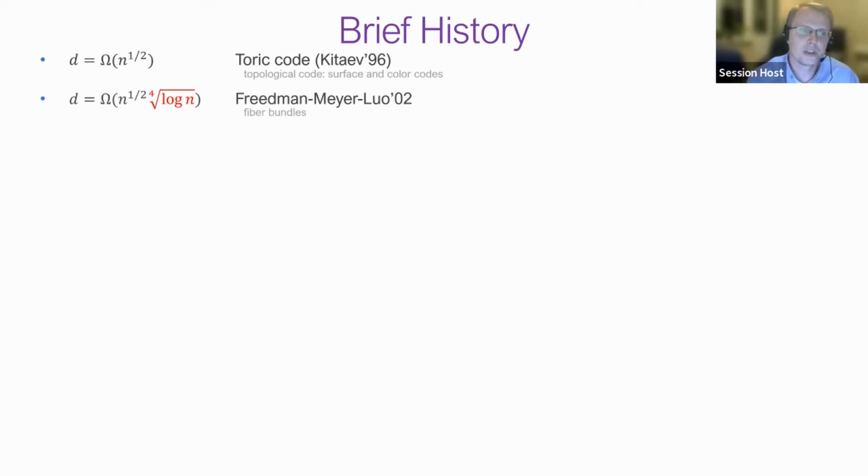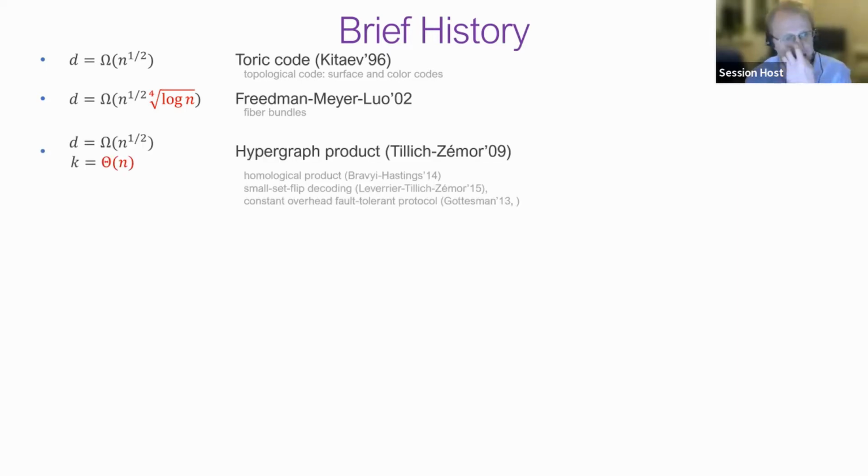Actually, this was slightly improved by Freedman, Meyer, and Luo in 2002, and they used quite sophisticated topological constructions that involved fiber bundles, and they managed to slightly outperform this distance bound. However, I should say that all the codes that I mentioned before have only a constant number of logical qubits.